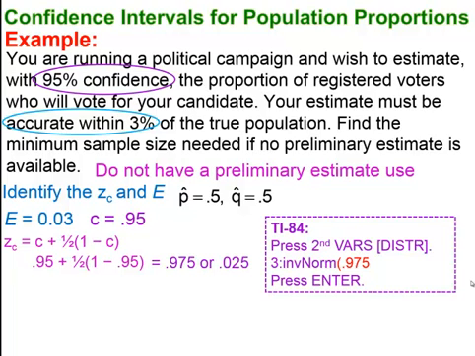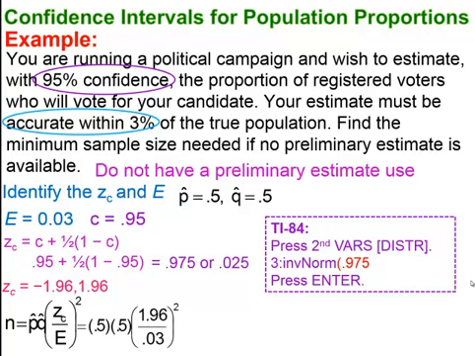That's how you find a z value for an area, and then you get your z value. In this case, our z value would either be negative 1.96 or positive 1.96. Because the formula has a square in it, it doesn't matter if you use the negative or positive, because it'll end up being squared.